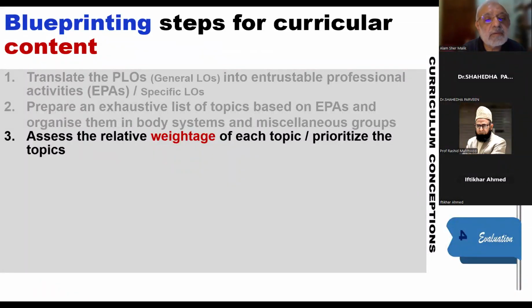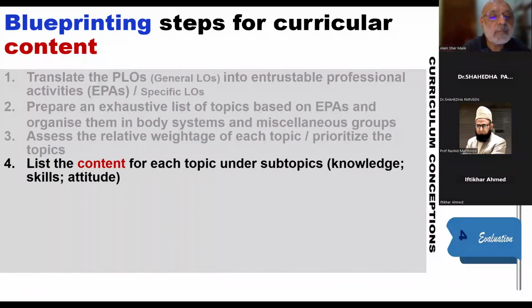And for that, we have to know how to assess the relative weightage of each topic and how to prioritize the topics. Once we have identified or prioritized the topics, then list the content for each topic under subtopics like knowledge, skills, and attitude.